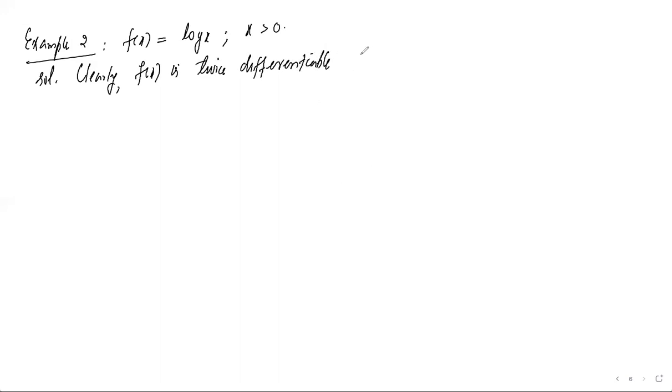Now the first derivative is 1 by x, and the second derivative is minus 1 by x squared. Now, since this x is a positive real number, when we have minus 1 by x squared, this quantity is always less or equal to 0.